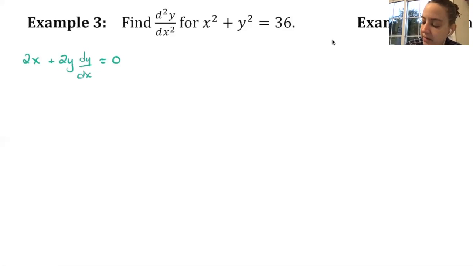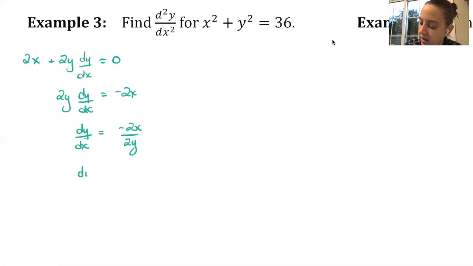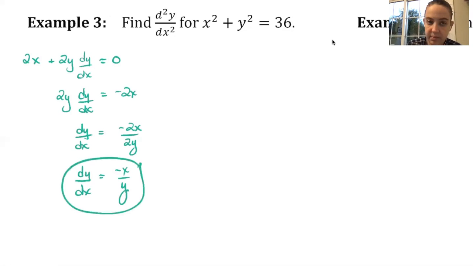And then we learned we have to solve for dy dx. So 2y dy dx is equal to -2x. dy dx is equal to -2x over 2y. dy dx is equal to -x over y. That's your first derivative. Great job.